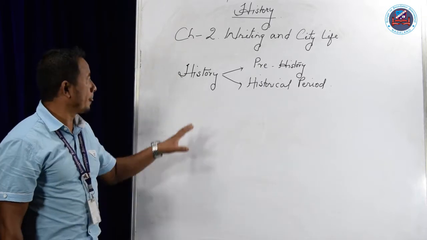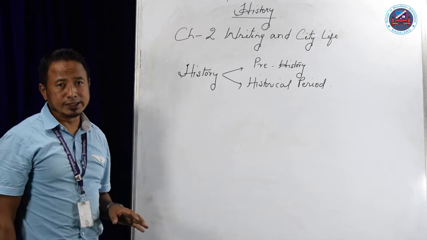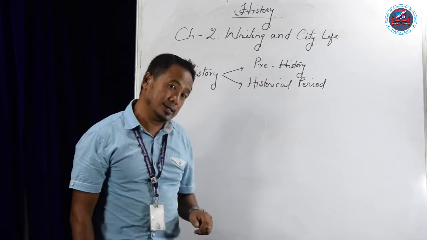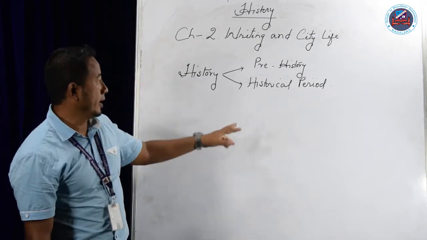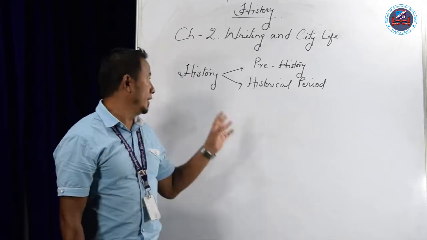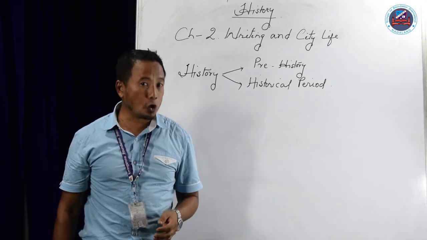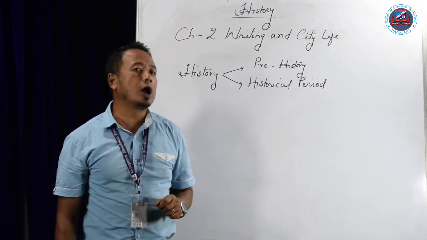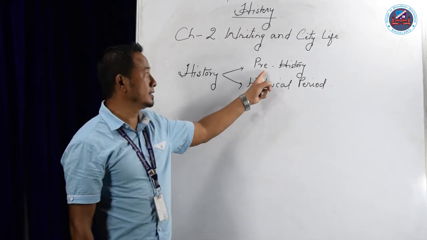First of all, history is divided into two periods. The first one is known as prehistory, and the second part of the history is known as the historical period. The period before the art of writing is known as prehistory.